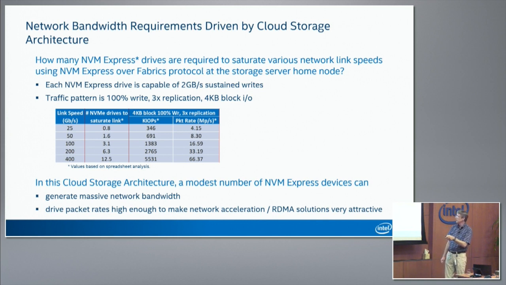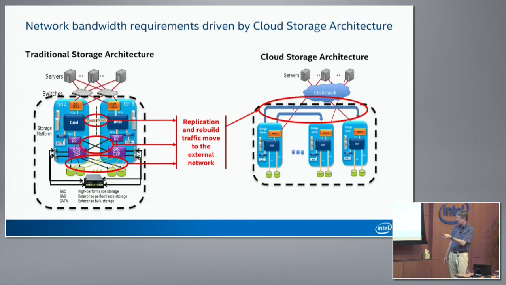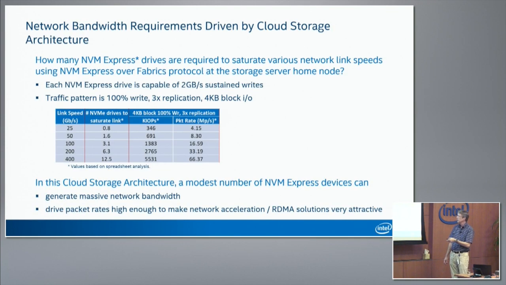And what I'm doing here is, if I go back a slide, I'm modeling the network behavior at this node when a write comes in and it has to replicate that write to two other nodes, okay? So again, let's assume we have NVM Express drives capable of 2 gigabytes per second sustained writes, which is not an esoteric type of device, it's a fairly standard device.